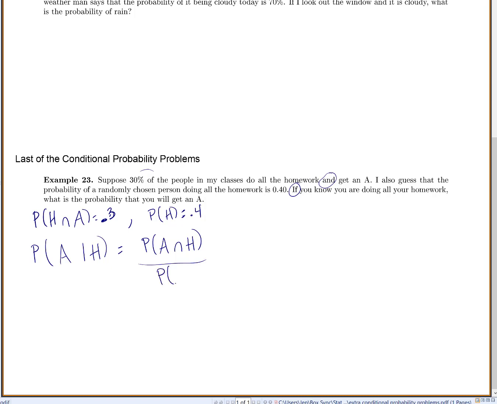And you divide by the probability of what's known, in this case, probability of homework. So 0.3 for the joint probability, that intersection, and 0.4 for the individual probability for homework gives me 0.75. So again, if you know that you're doing all the homework, you would have a 75% chance of getting an A.